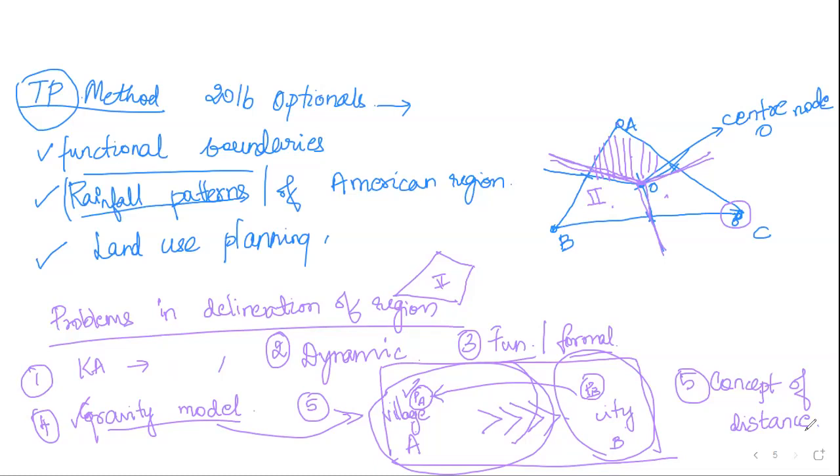Why? Because of the advent of modern transportation facilities, metro, high-speed trains, expressways, highways, and so on. The concept of distance is not as pronounced as before.